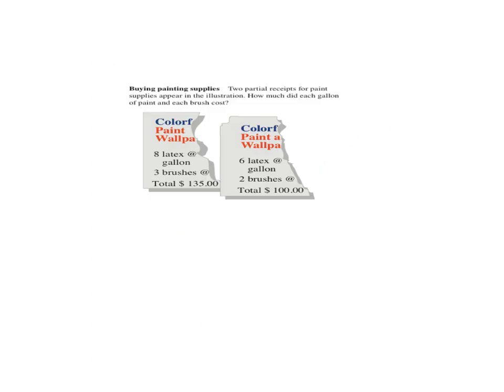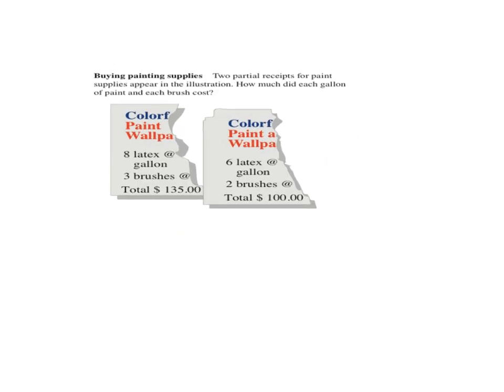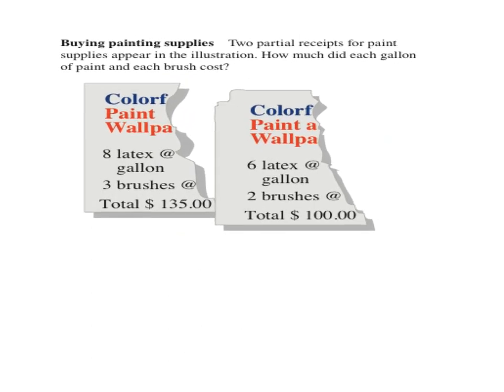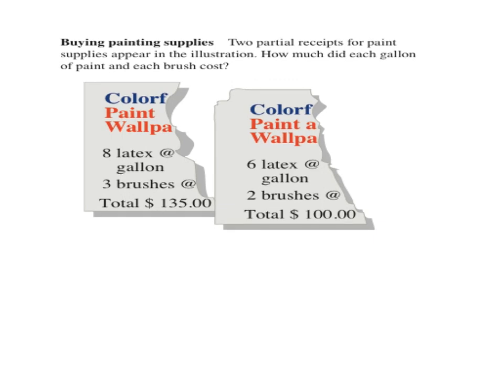Okay, last problem. So this is a pretty traditional system of equations word problem. And so what you have here is 2 partial receipts for paint supplies appear in the illustration. How much did each gallon of paint and each brush cost?